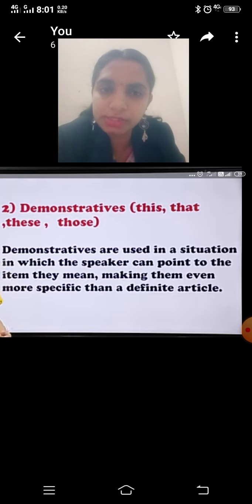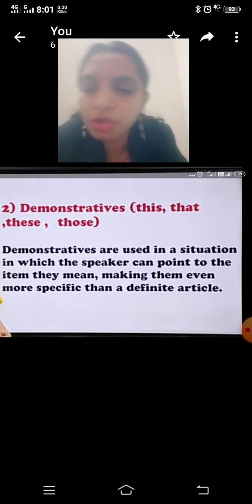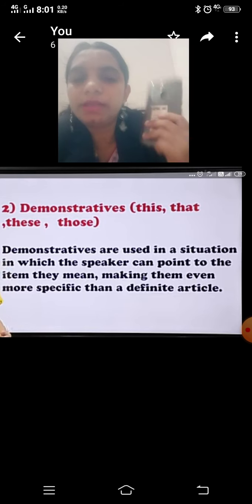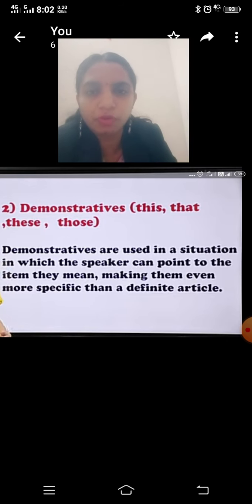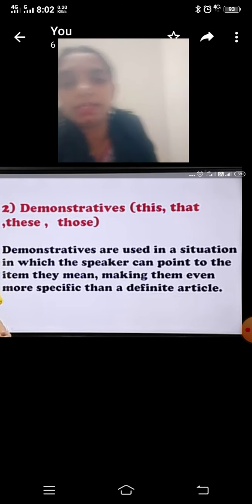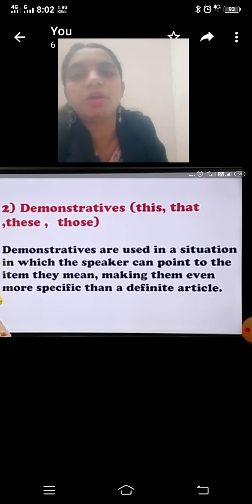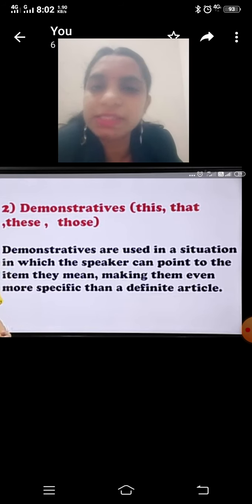This and that are used to point out the things, the nouns which are very close to you. I can say this is a mobile, because it is near to me. When I'm speaking about a tree, I say that is a tree, because it is far away from me. For the singular we are using this and that. Same for plural demonstratives, we are using these and those.